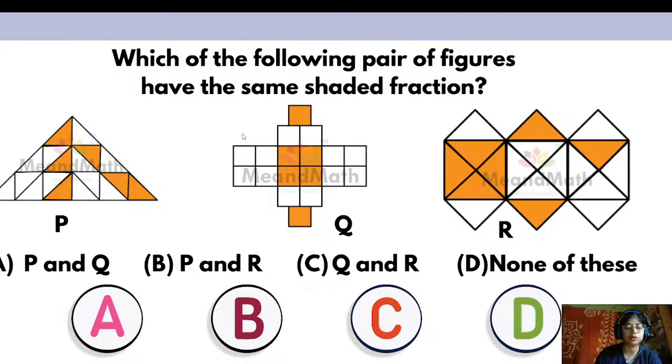What about the others? Those who haven't given the answer yet, please type in your answer. Is it A or B or C or D? Which one do you think? So majority is going with A, I can see. P and Q.